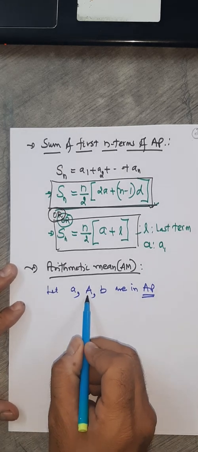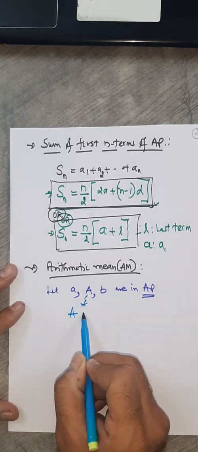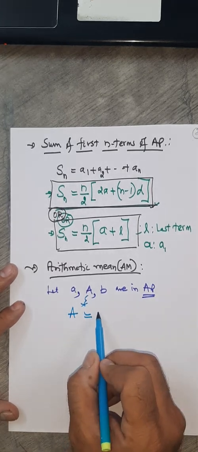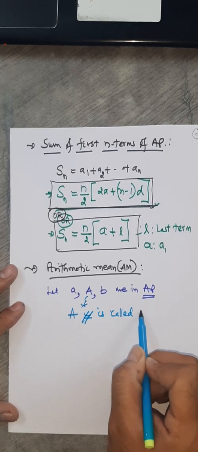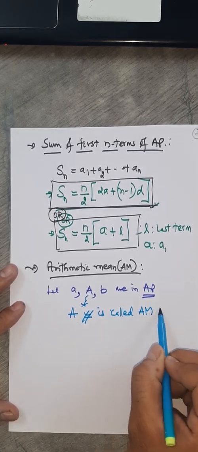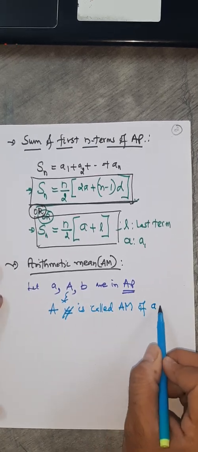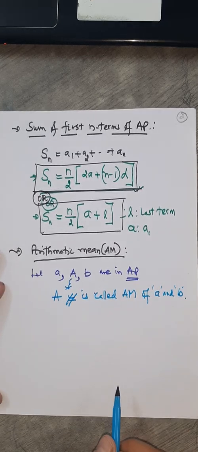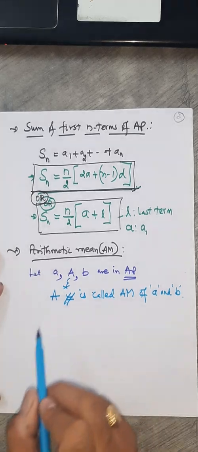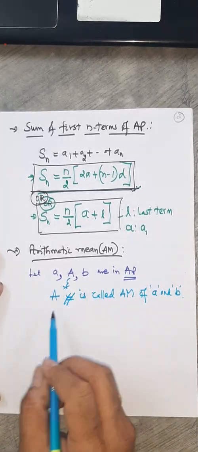Then this middle number A is called the arithmetic mean of small a and small b, a middle number.